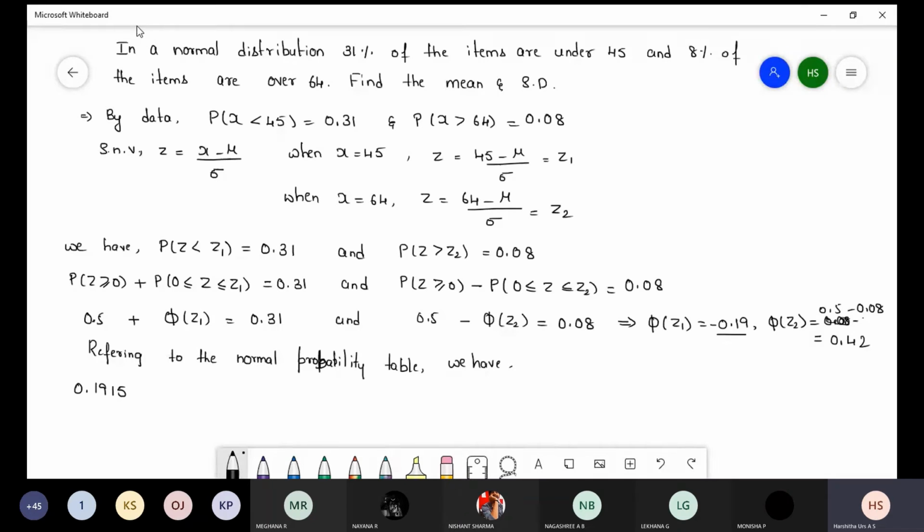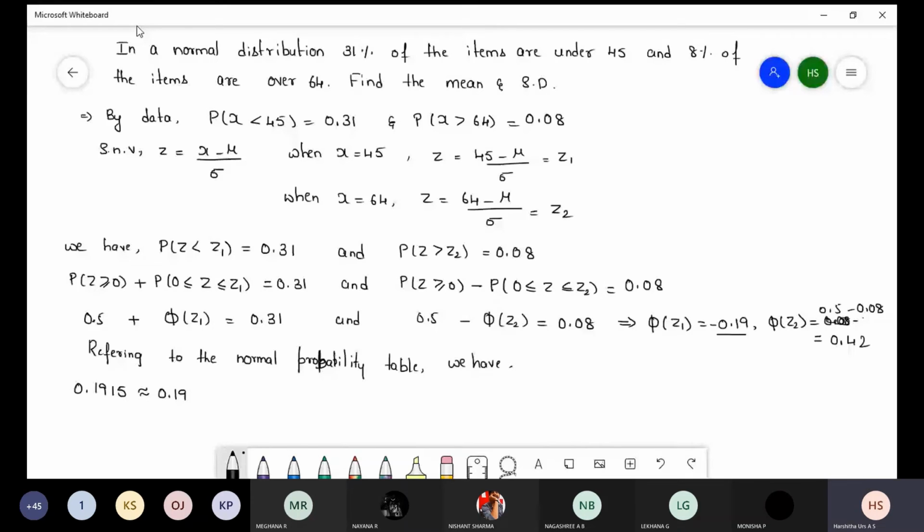So we have to refer to the table. The approximation of 0.19 we can write as 0.1915, so approximately 0.19. That value will be for 0.5.